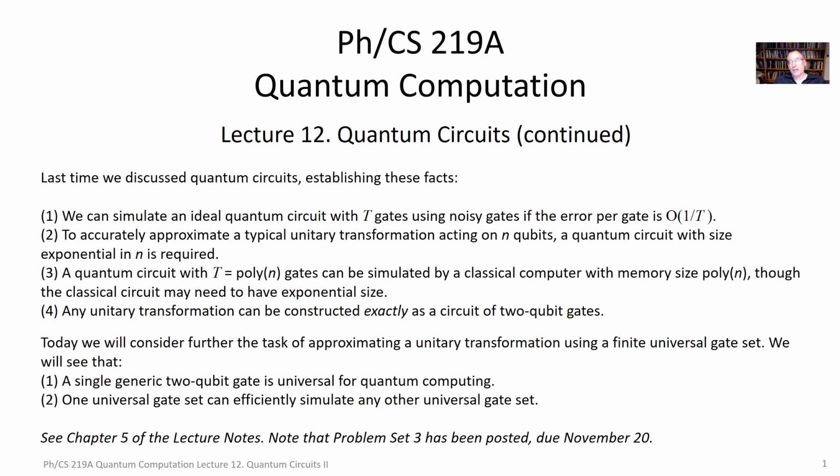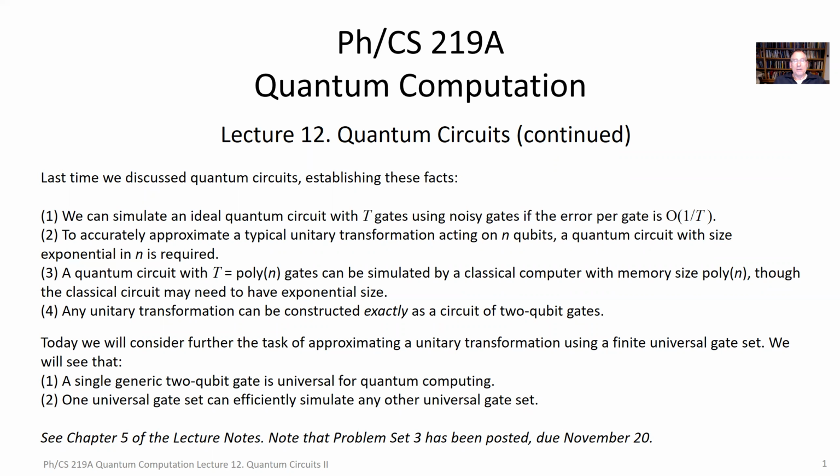There's a corresponding statement about states. For most states in Hilbert space, if I want to closely approximate that state, starting with the product state, we need a quantum circuit with a size which is exponential in the number of qubits.